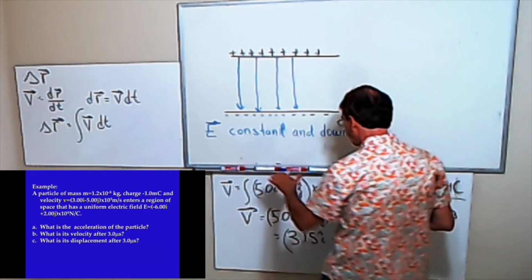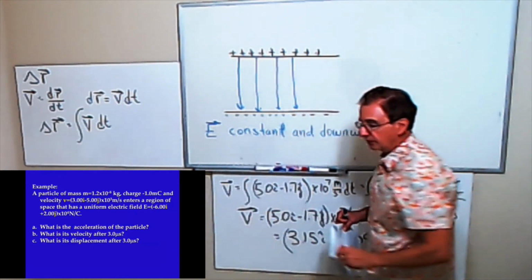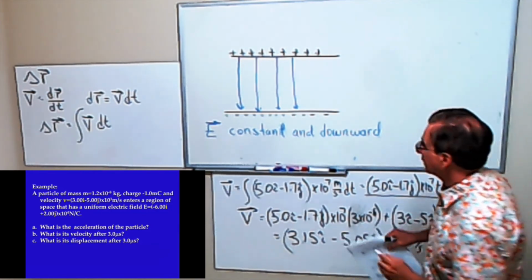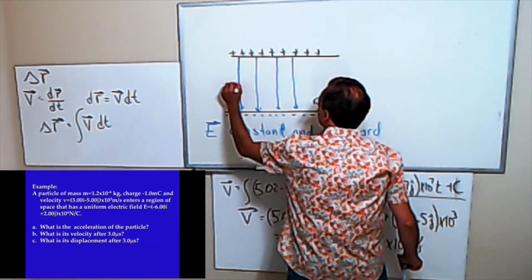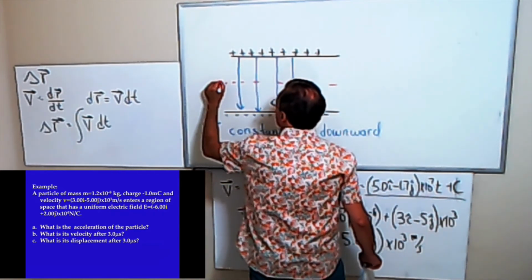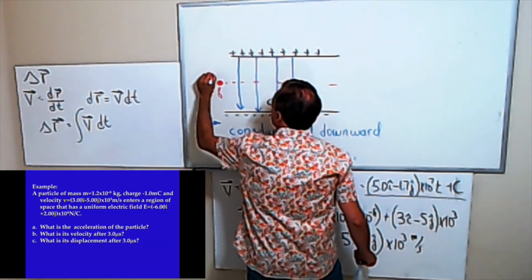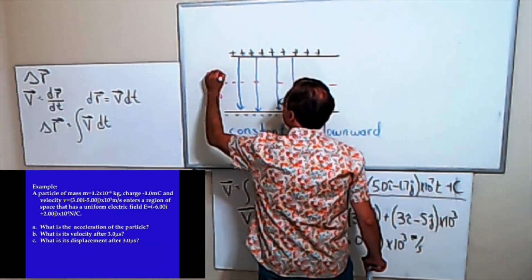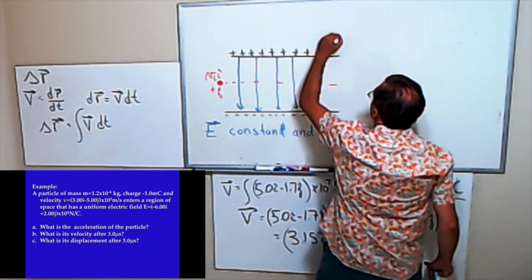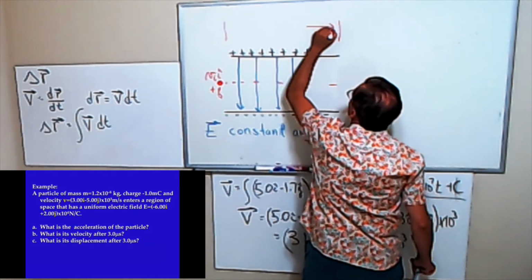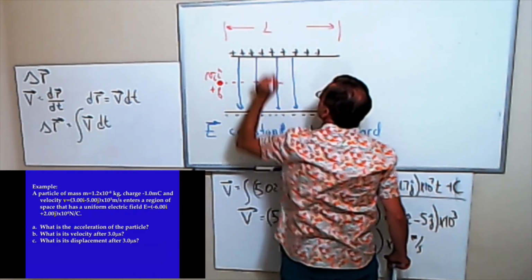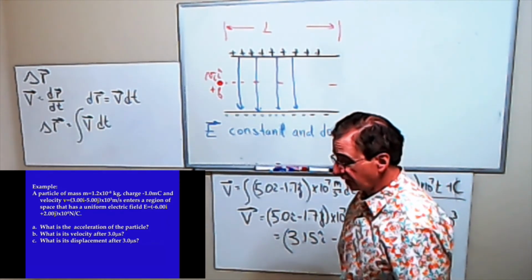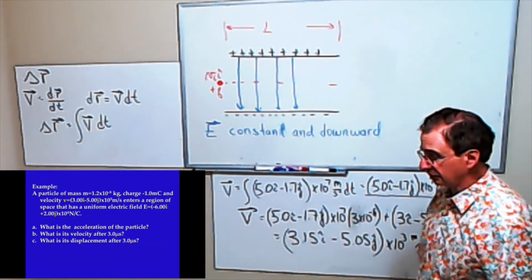Okay. So let's pretend that we have a positively charged particle with initial velocity v in the x direction. This distance is L. As the positively charged particle goes through that field, what's going to happen to it?